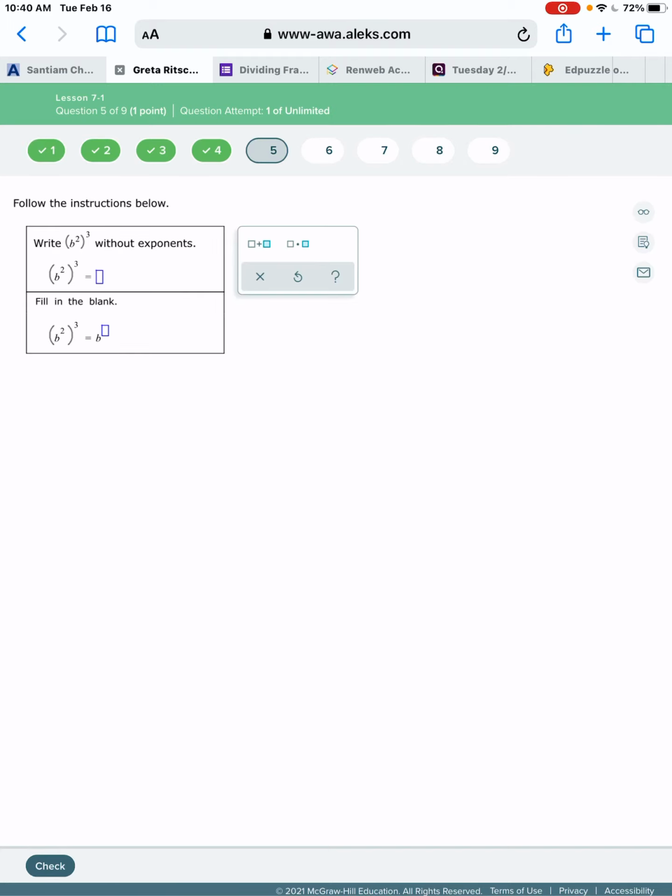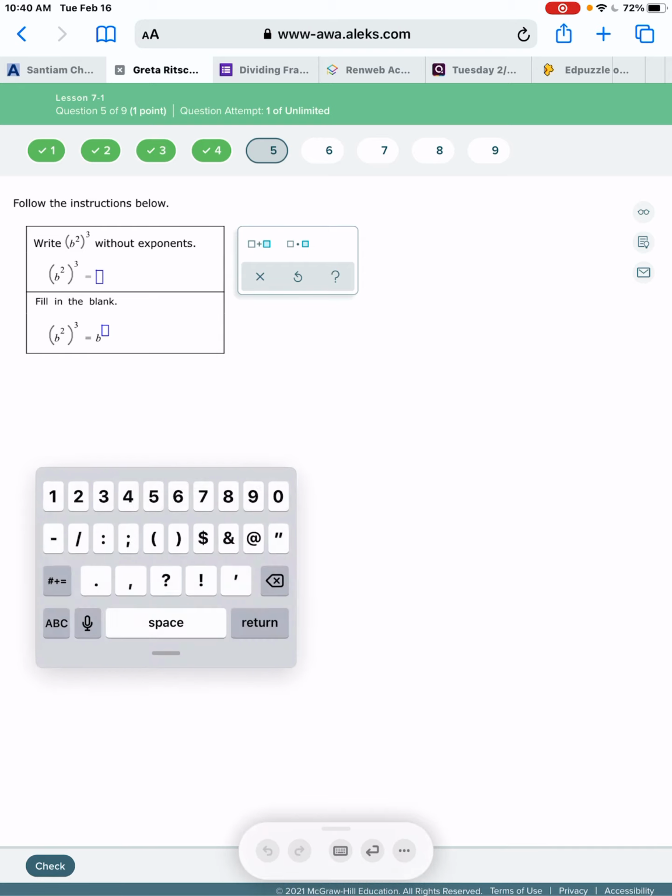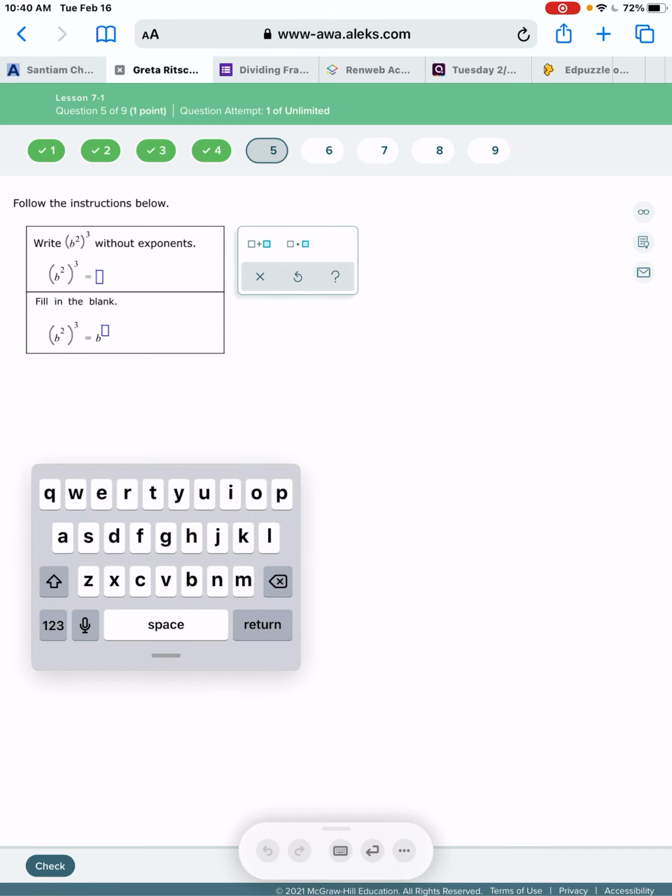Okay, now I have a power on a power. I have b squared to the 3rd. If I have to write this without exponents, I am actually going to need to write b squared, which is b times b, and I need to write that 3 times. So that's written once, so now I'm going to put it twice.